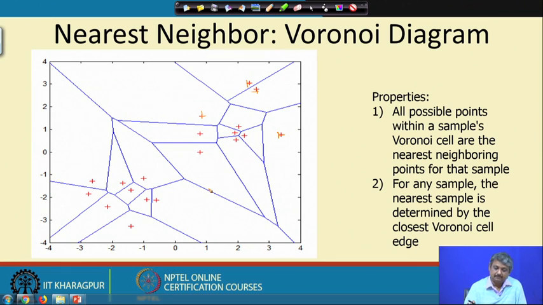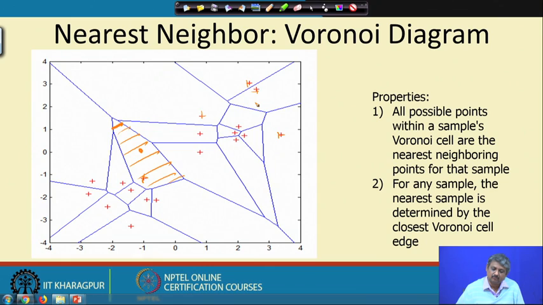I split up my entire feature space into small cells. What are these cells? Note that corresponding to every plus we have a cell, every plus belongs to a cell, and there is no other plus.